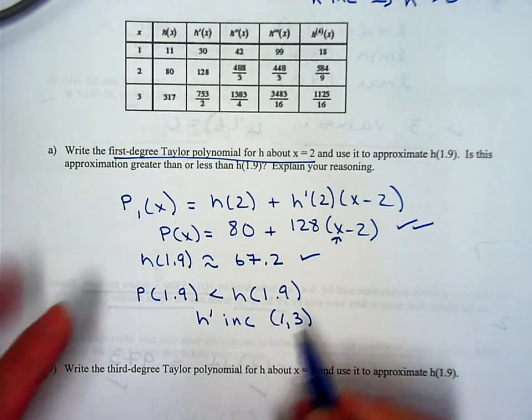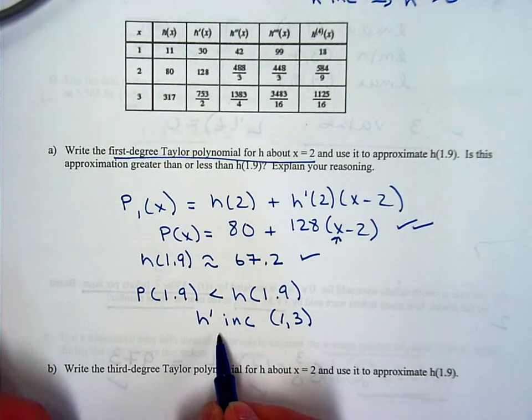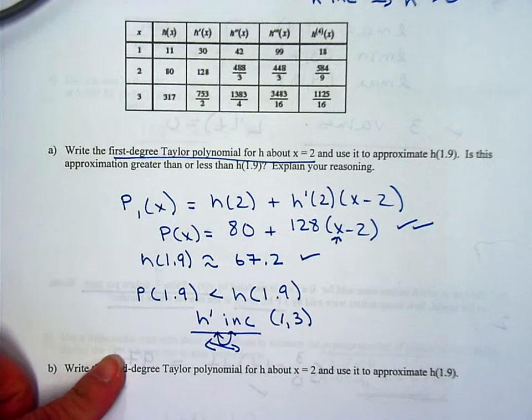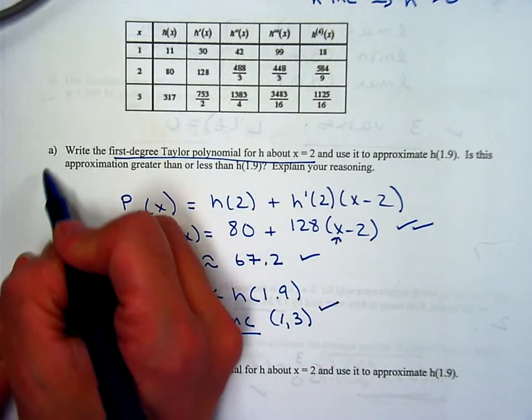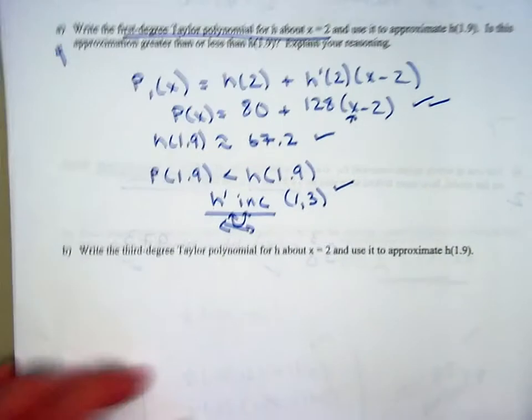Because h prime increasing really implies that h double prime is greater than 0, which means it's concave up, so the tangent line is below. But this is the justification you need to show. It is 1 point for your answer with the reasoning. So part A is a 4-point question.